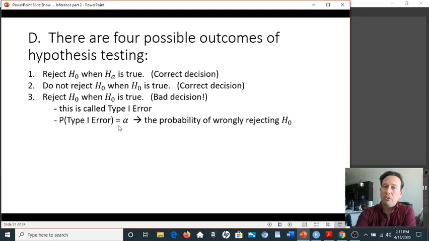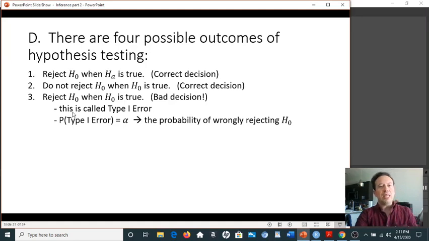Now, going back, remember the alpha value. The probability of a type 1 error is what we call alpha, and typically we want that to be small. Remember, some common values of alpha were 1%, 5%, and 10%, and that went with levels of confidence. So if your probability of type 1 error is 5%, that means you have 95% confidence.